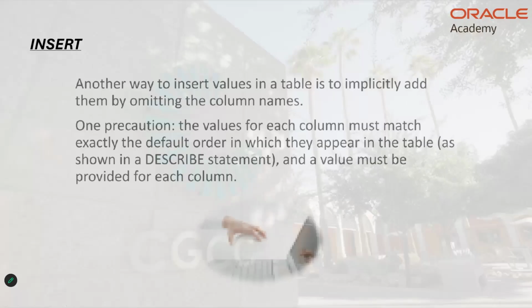All right. So another way to insert, which you'll see mostly, because usually when you're inserting any type of record or data into a table, you don't necessarily need to know all of the columns. Well, you need to know what's in the table, but you can implicitly add data without listing the columns. This is probably more common, but it's also a good way for you to receive errors if you don't satisfy all the constraints or requirements for the columns.